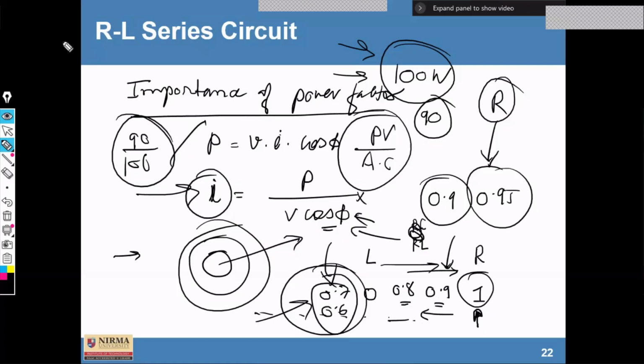And if the power factor is improved, the torque is also more compared to the normal circuit. So normally we know that the capacitor is there for improving the torque initially to run the fan smoothly. Correct. So this is about the RL series circuit.